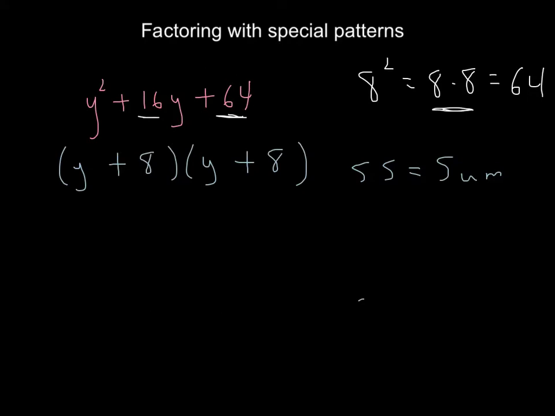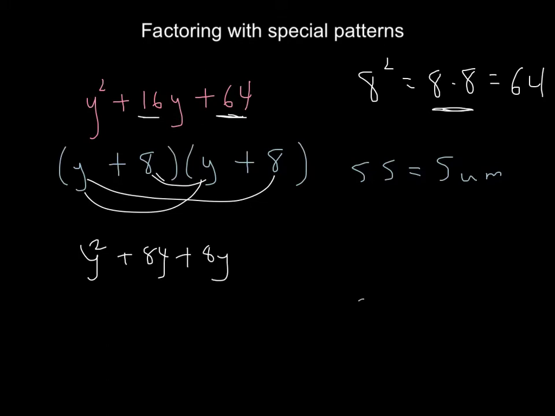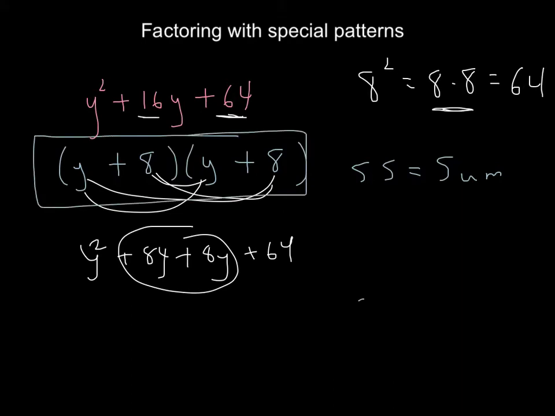Y times y is y squared, plus 8y, plus the other 8y, plus our 64. And when we combine like terms, we certainly get our 16y. So I think that was pretty simple. That's our final answer. We want to express that, though, in a little bit fancier version.